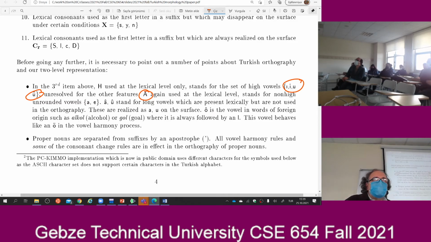When you don't say alcohol, you say alcohol, right? Usually these are the ones that we have borrowed from other languages like English, French, etc. So this is gold, not gold, gold, right? So it is this one.